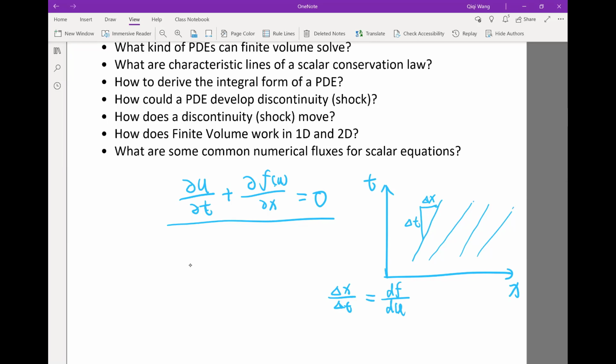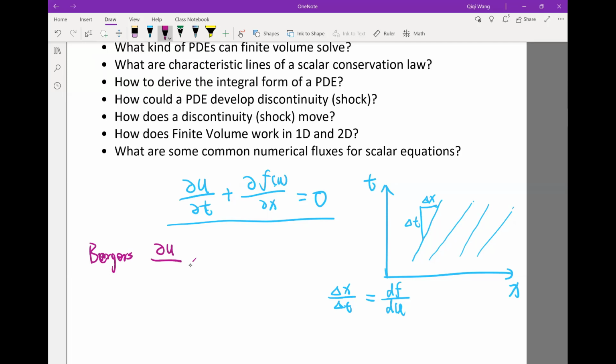Okay, and in particular, if we have Burgers' equation, du/dt plus u times du/dx equals 0, which can be written in the previous form if you choose f(u) equal to u squared over 2.